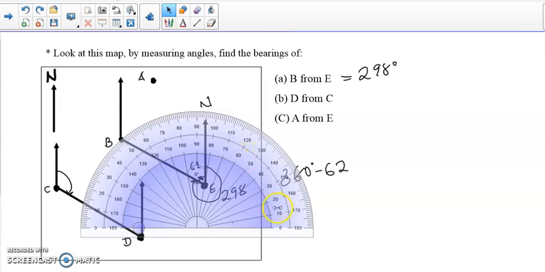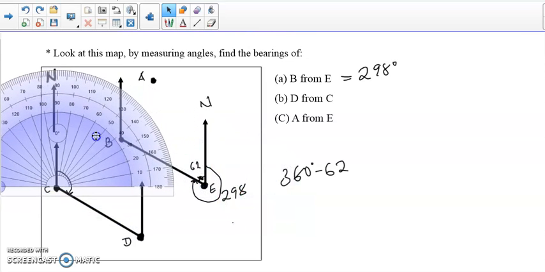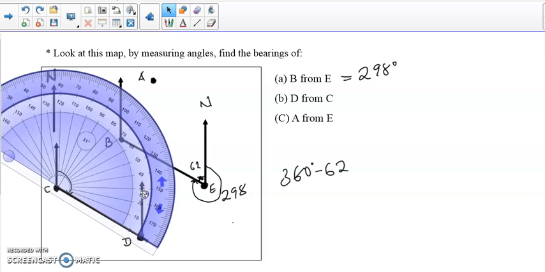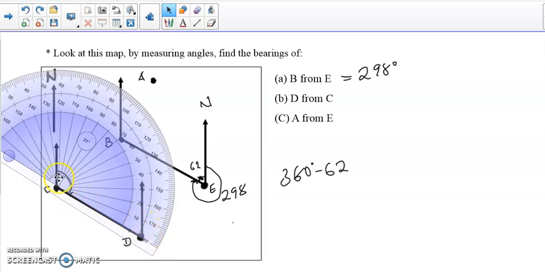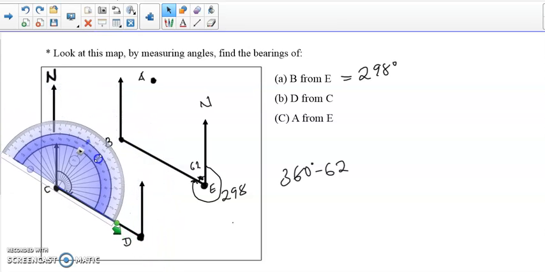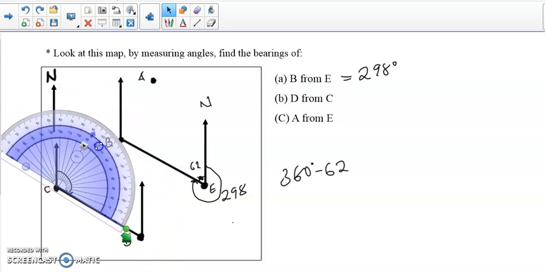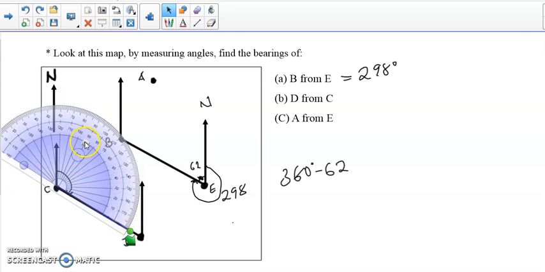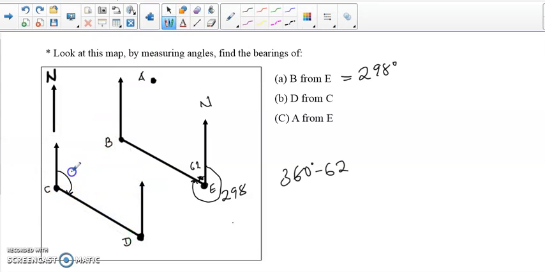Here I will measure out this angle. Measuring this angle, 180, 0. From here to here, we have 10, 20, 30, 40, 50, 60, 70, 80, 90, 100, 110, 120. Let me check it very well. That gives us 125. So here is 125 degrees. That's the angle of D from C.